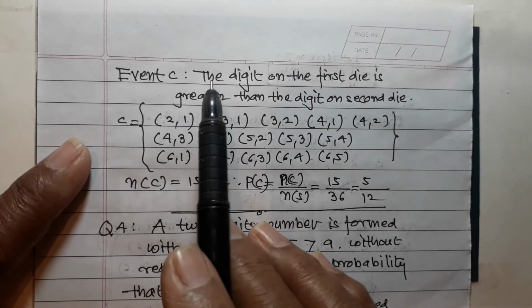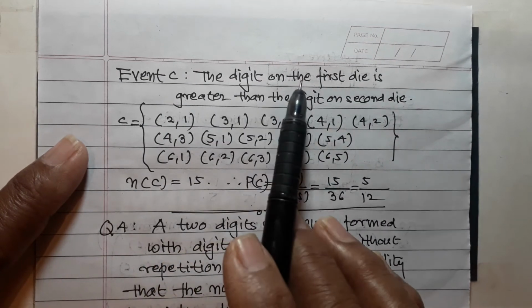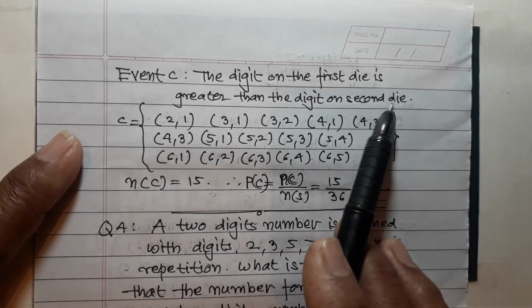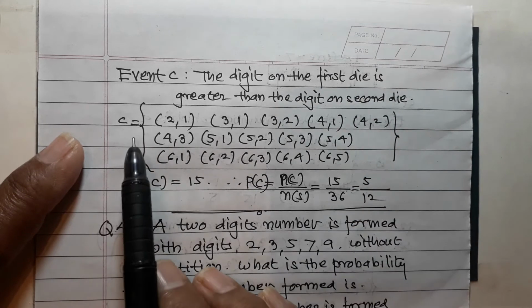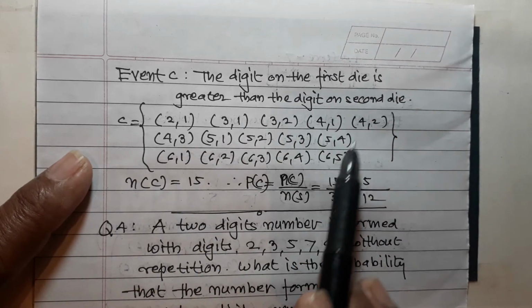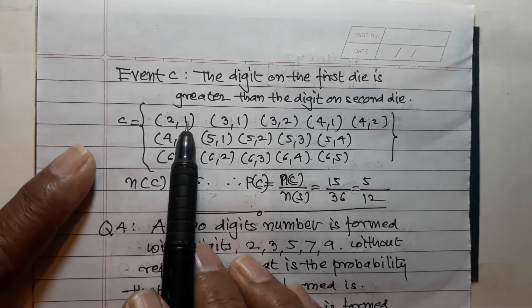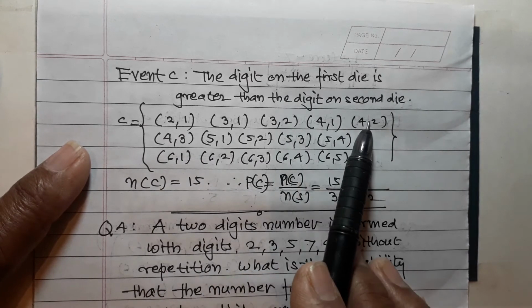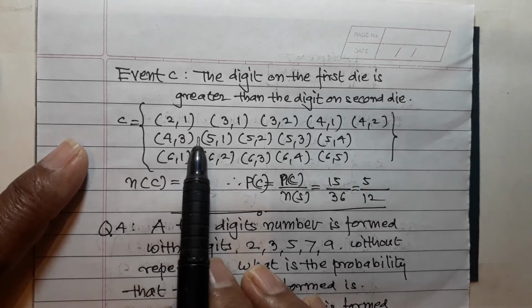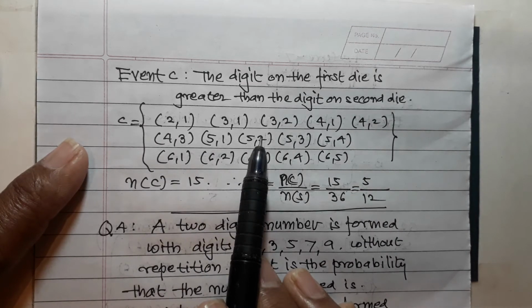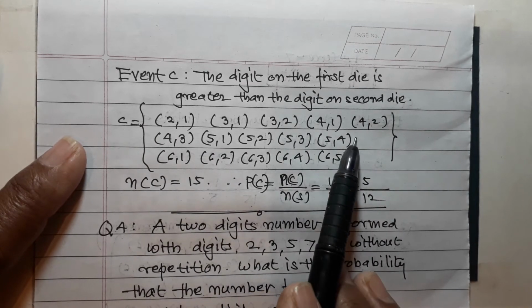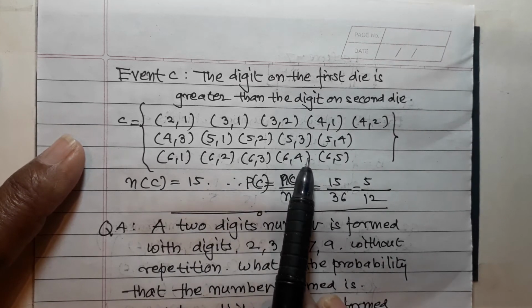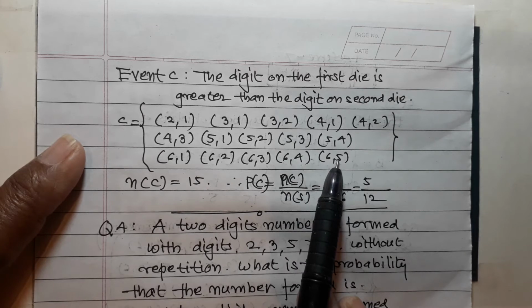Then event C: the digit on the first die is greater than the digit on the second die. So favorable outcomes are 2 1, 3 1, 3 2, 4 1, 4 2, 4 3, 5 1, 5 2, 5 3, 5 4, 6 1, 6 2, 6 3, 6 4, and 6 5.